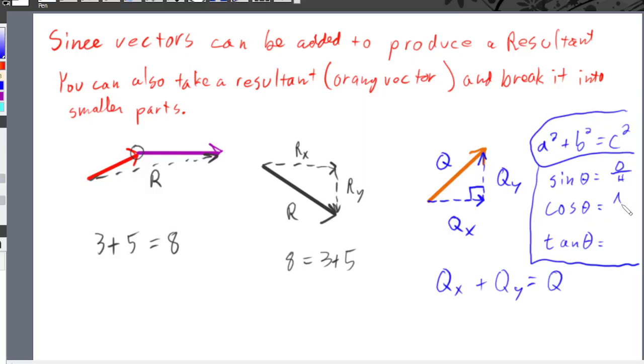Cosine is equal to the adjacent side divided by the hypotenuse, and tangent is equal to the opposite side divided by the adjacent side. The whole point of breaking up vectors into components is to get an x and a y part, which we can then perform calculations on to find maybe a missing value.